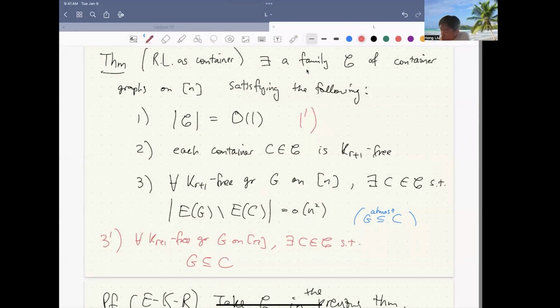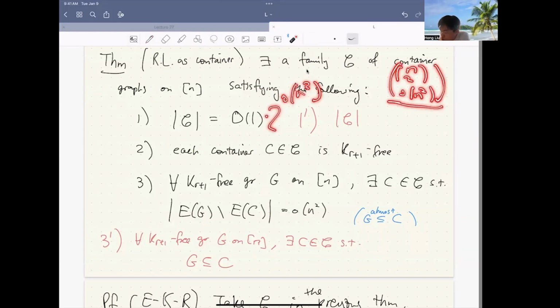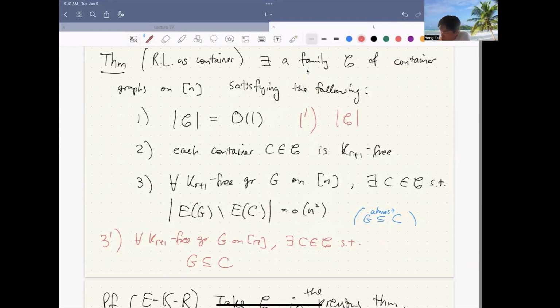And that will result in the number of containers, instead of constant, you need to multiply 2 to the little o(n^2), which is coming from n choose 2, choose little o(n^2) edges, the total number of ways to sprinkle these edges. So this will become 2 to the little o(n^2).